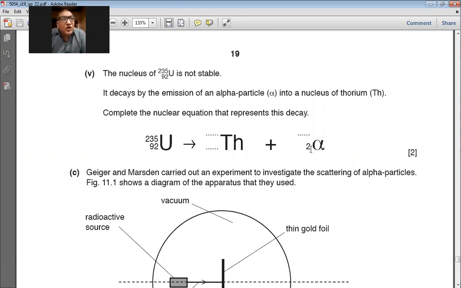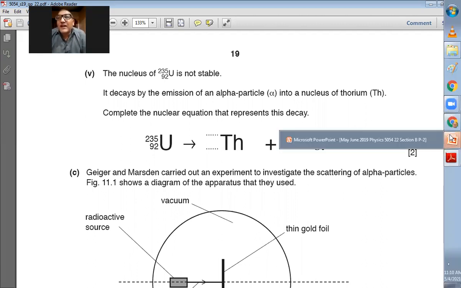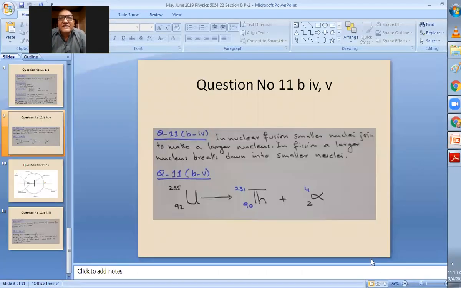Alpha particle's proton number is 2, its mass number is 4. The thorium, whenever an alpha particle is given out, the proton number of the daughter nucleus should be 2 less as compared to the parent nucleus, and its nucleon number or mass number should be 4 less than the parent nucleus. So very easy. Let me show you my work, and I have written this equation.